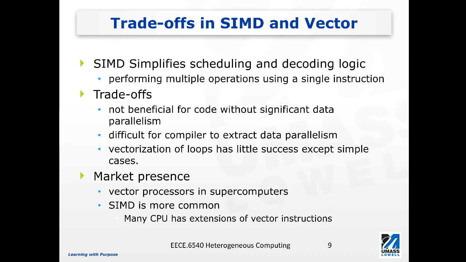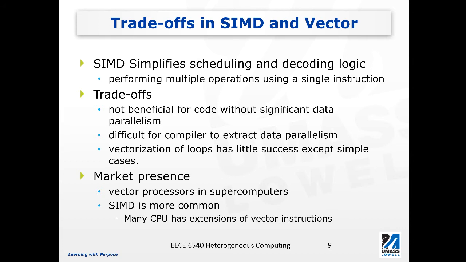As we see from the previous slide, the SIMD simplifies scheduling and decoding logic as it performs multiple operations using a single instruction. There are certain trade-offs in this design.